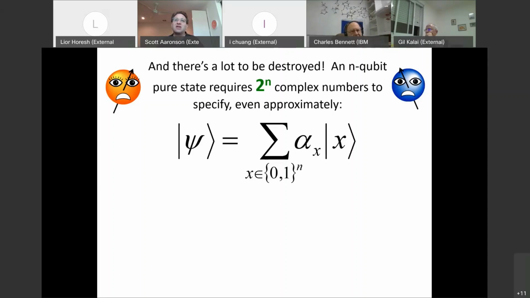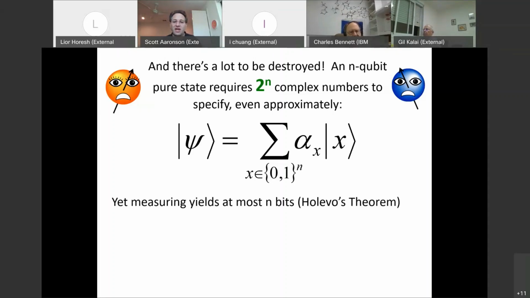So there is an exponential amount of information that's at least implicitly there in a description of the quantum state. And yet, when we look, we only see n bits. We collapse and we just see a single outcome for each of the qubits. And these amplitudes alpha_x only arise in determining the probabilities that we're going to see one outcome versus another one.